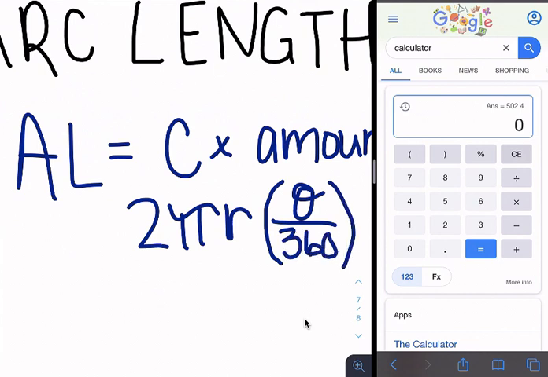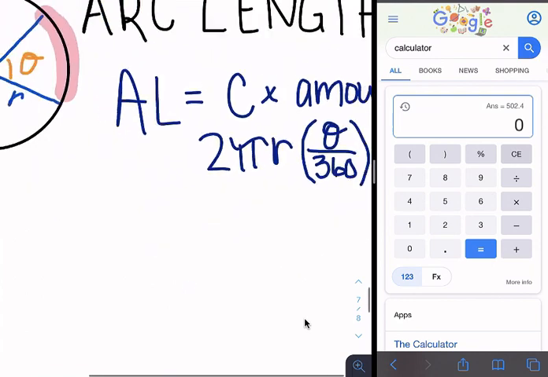We're going to type it out this way, and we divide by 360 because that is the total amount in a circle. So it's always going to be that part of 360.